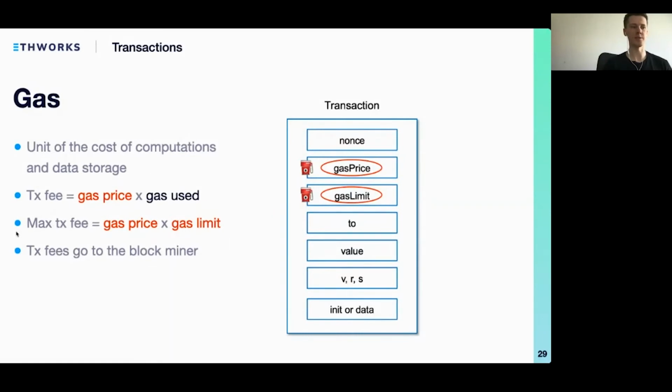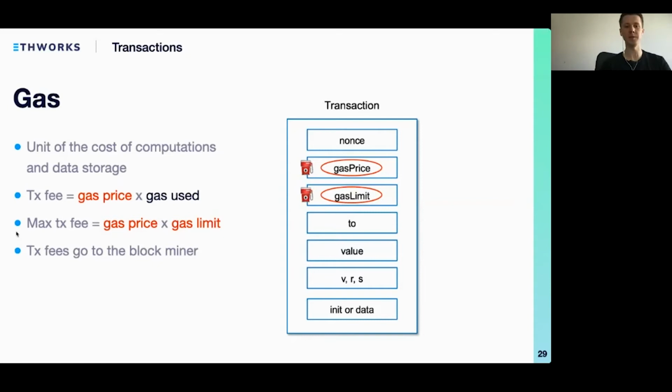Well, in real life, you wouldn't lose all of your money in such case, because there's also a gas limit to a block. So a single block cannot contain more computation than some amount of gas. So you would eventually hit the block gas limit.